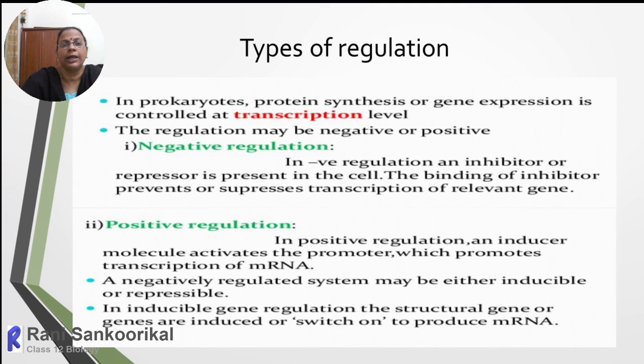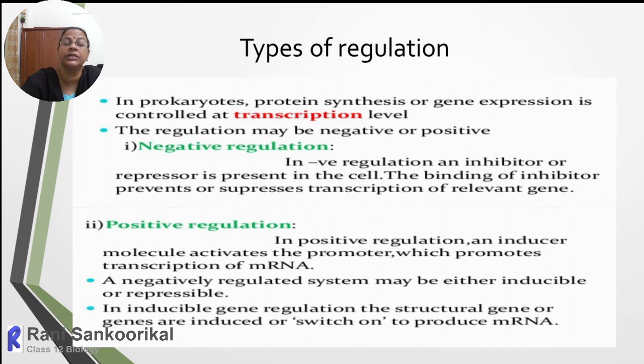So once again, the lac operon is a gene regulatory unit which is regulating the utilization of lactose within E. coli. The operon unit consists of the inhibitor or I gene, which produces the repressor, then the promoter gene, then the operator gene, then the structural genes Z, Y, A. The repressor is always there.